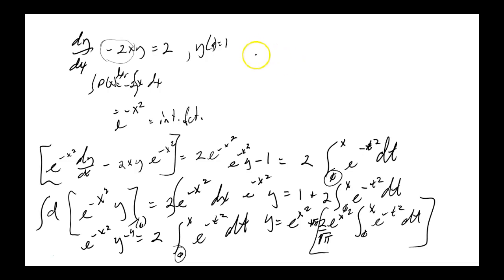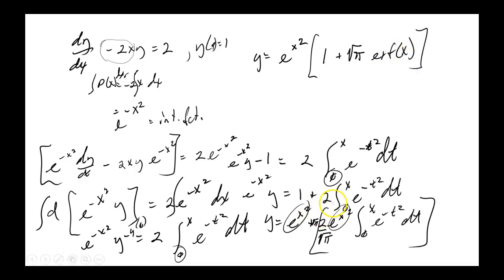So the final solution is y is equal to e to the x squared, because you had that term here and here, so factor that out, times 1, plus root pi, and then everything else you got here is the error function. Okay, so you don't have to haul around all that writing anymore, because the 2 over root pi, you pulled this out, times that, that is your error function.